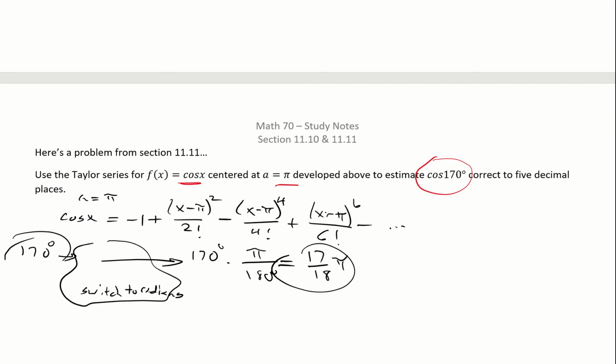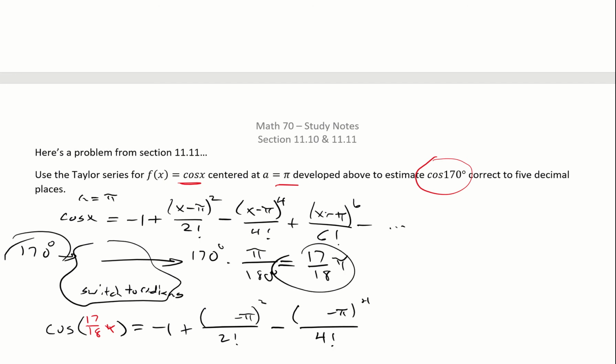So we're going to say cosine of 17/18 pi is equal to -1. Now I'm going to the power series, plus this guy (x minus pi) squared over 2 factorial, minus this guy (x minus pi) to the 4th. And this is the polynomial machine that does our approximating for us.